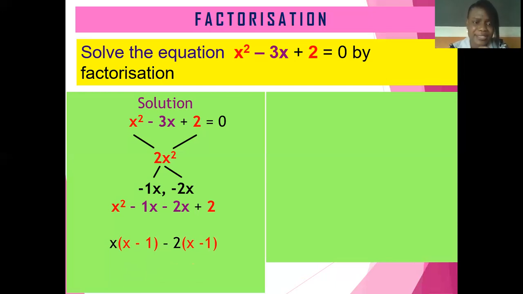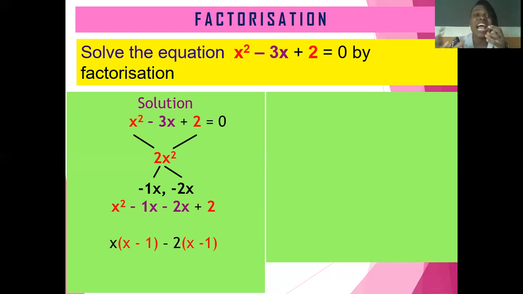Okay, when you bring out the x, because you are dividing through by the x in a way, you get x into x minus 1. Then you do the same thing for minus 2x and plus 2, okay? Now you bring out minus 2, because there's a minus sign in front of 2x. So you put the minus sign and you bring out 2, which is common to the two terms. Since you brought out minus 2, remember that you're factorizing, so the plus sign before the 2 changes to minus.